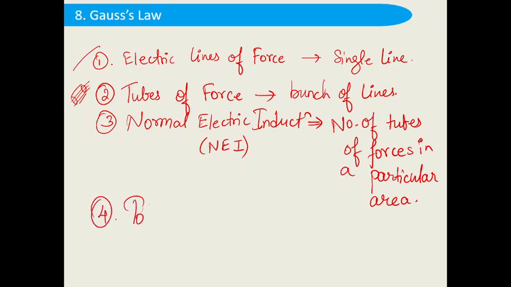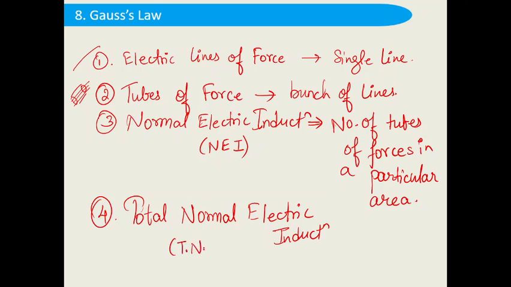And the last one we studied is total normal electric induction. So what is total normal electric induction? This is TNEI, total normal electric induction. It means number of tubes of forces in the complete area.